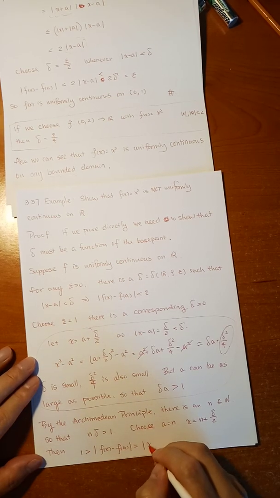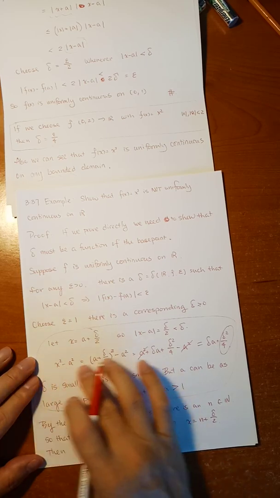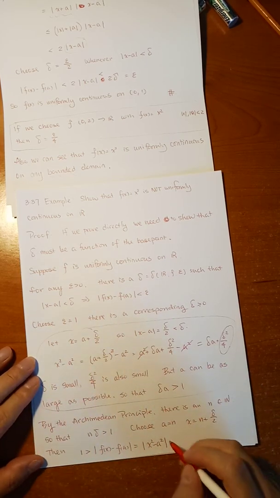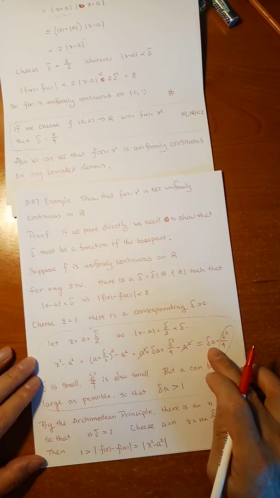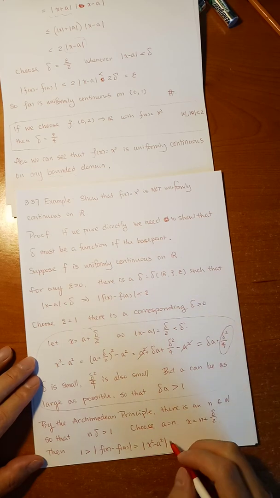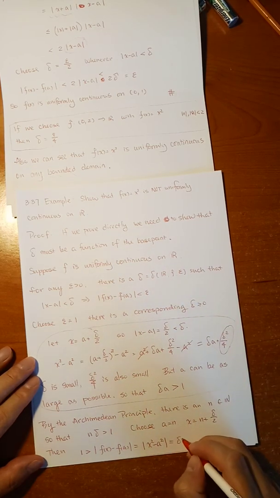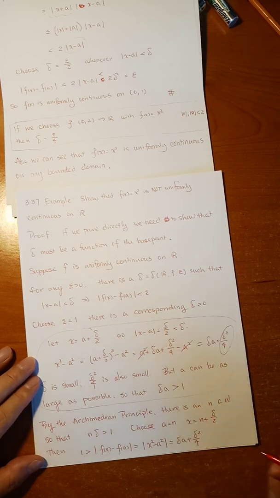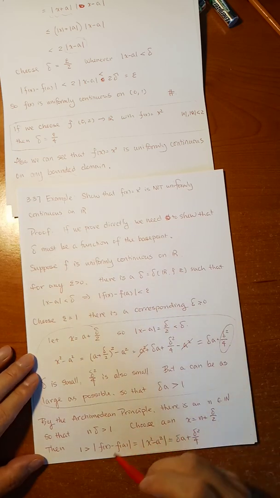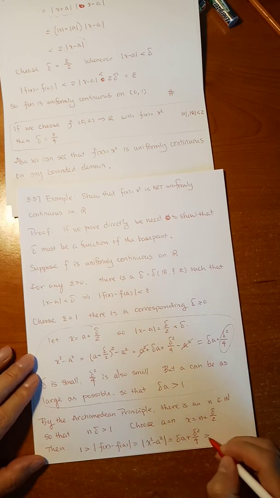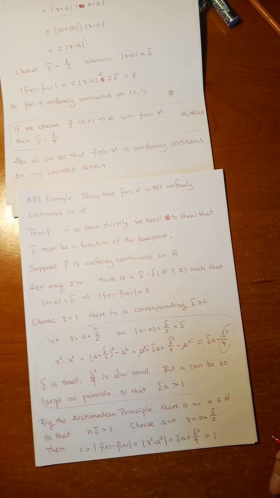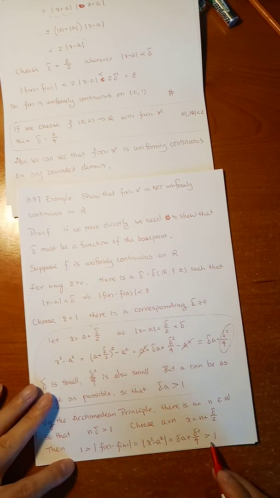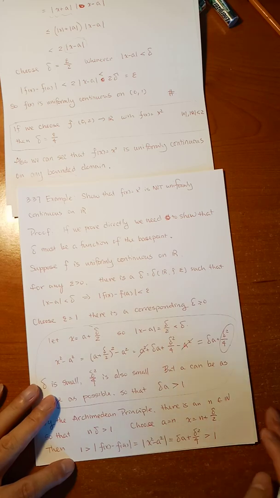This is the absolute value of x squared minus a squared, and it is equal to delta a plus delta squared over 4. They are both positive, you don't need the absolute value. Delta squared is positive, over 4 is positive. Delta times a is greater than 1. So you get a contradiction.